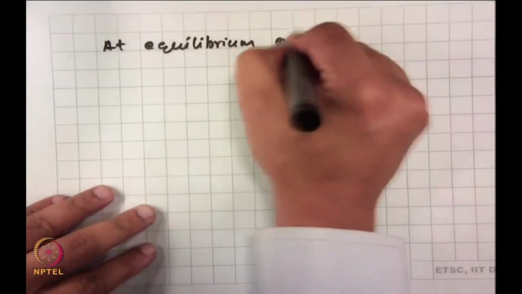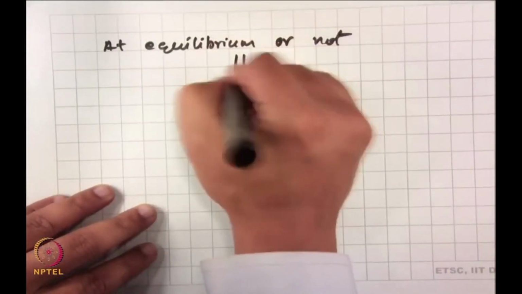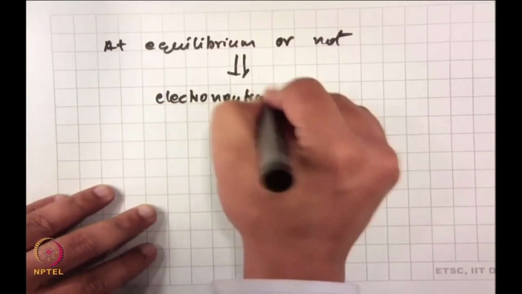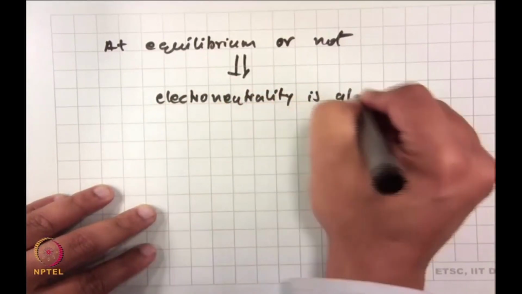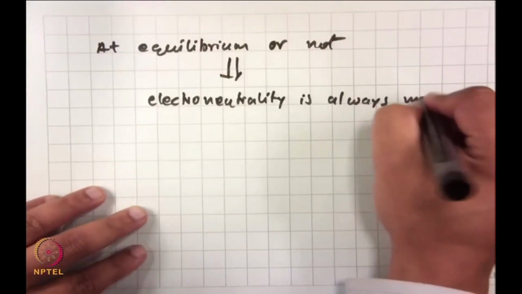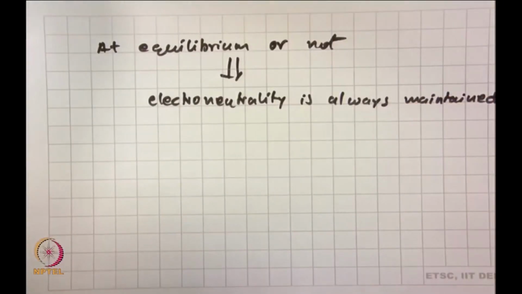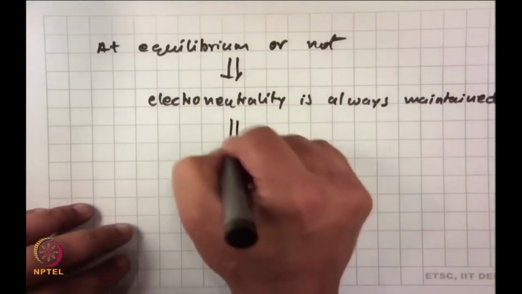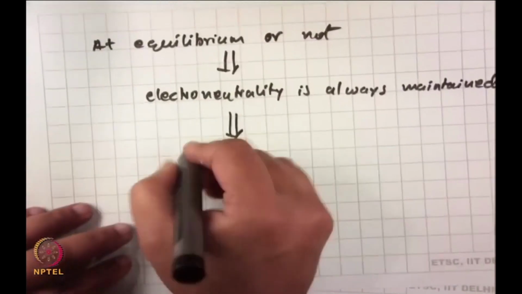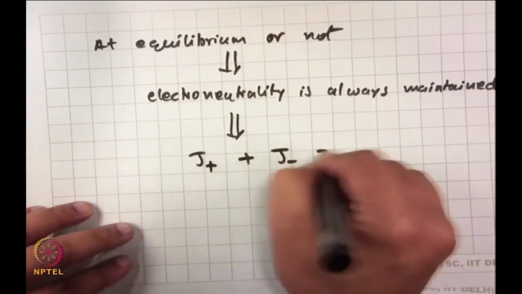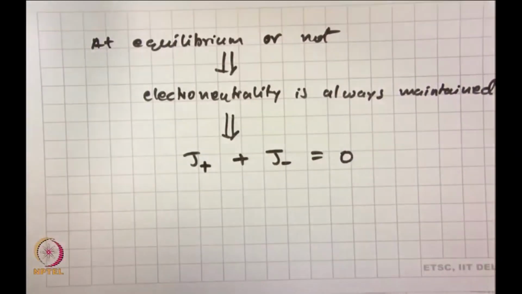At equilibrium or not, electroneutrality is always maintained, and if that is the case, then from here what I can write is J plus J minus would be equal to 0.